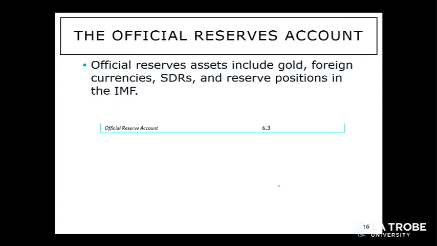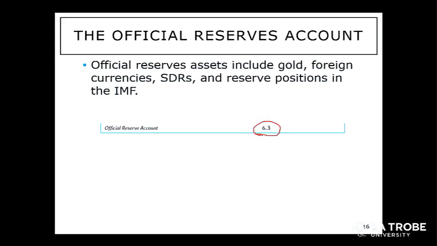Finally, we have the official reserves account. So in this case, for the US in 2015, they have a positive 6.3 billion USD in their official reserve account. Given that this is a flow, a statement of flow, what do we say about the US reserves? Did they increase their foreign reserves or did they decrease their foreign reserves? When we see a positive number, that means it's cash flowing into the US, yeah?